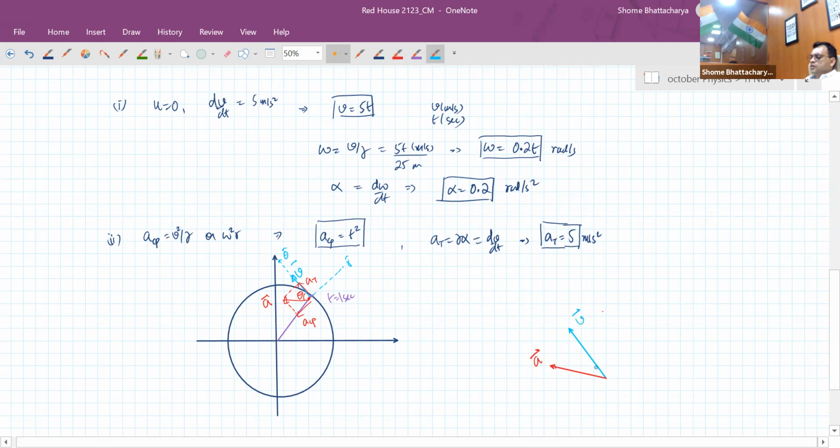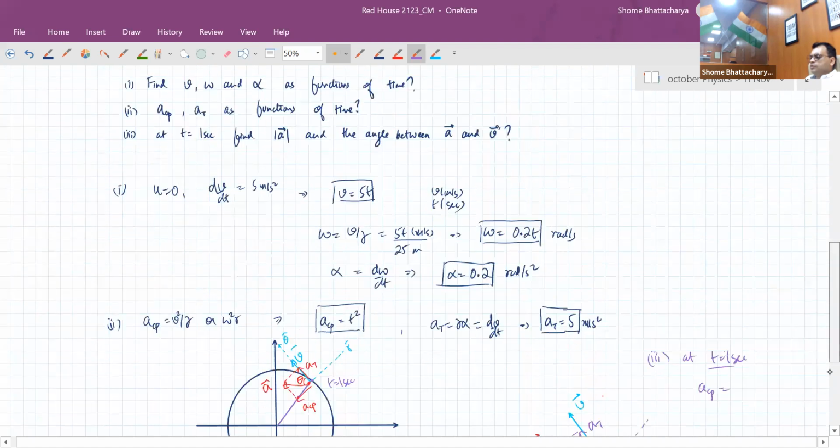We want to calculate this angle theta, and we can see that the components of the acceleration vector are such that there is one component perpendicular to the velocity, that is the centripetal component, and one component along the velocity or along the tangential direction, that is the tangential acceleration. Hence, from vector algebra, you can see that. So first of all, at t equal to 2 seconds, the centripetal acceleration was, right?